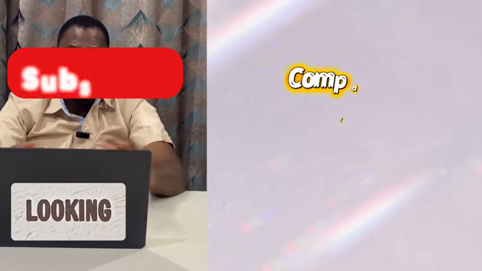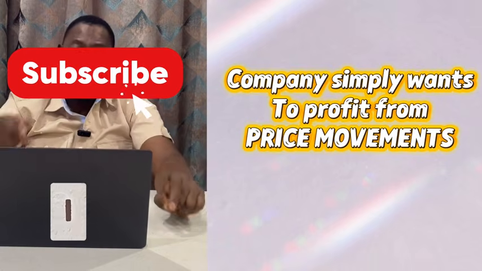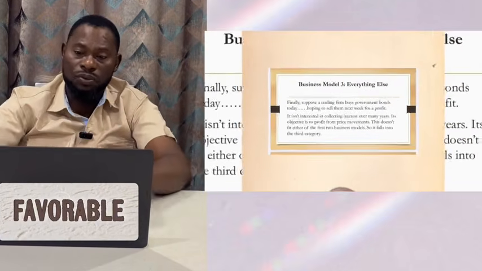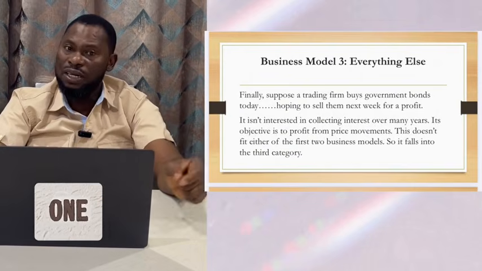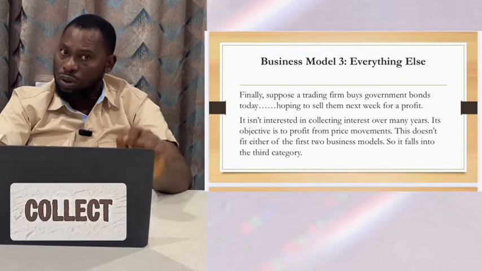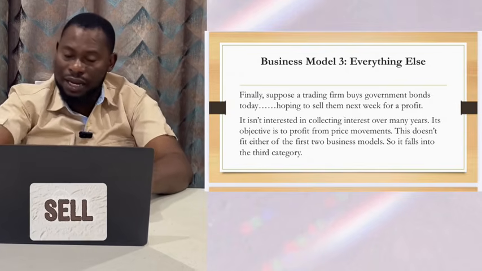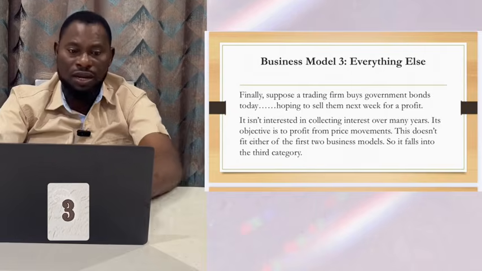The objective is simple. I want to make profit from price movement. If the price changes, once it is favorable, I will sell. So this does not fit into the first one, holding to collect, or the second one, holding to collect and sell. So automatically it falls into business model 3.